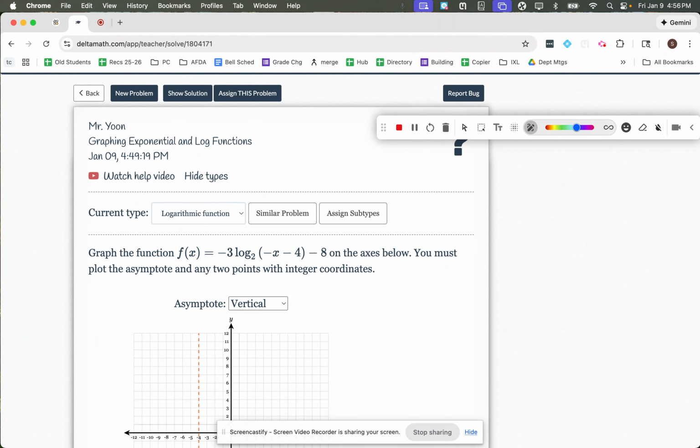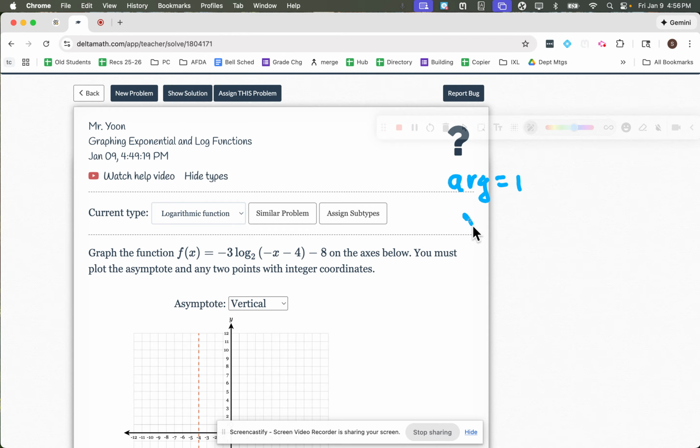Next, we need our argument to be 1. That way we can just zero out the log portion of this function. So to do that, I would like my x to be -5. That way, -5 minus 4 is going to be 1.